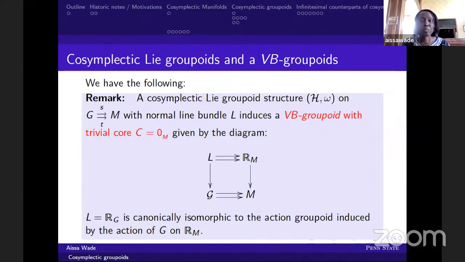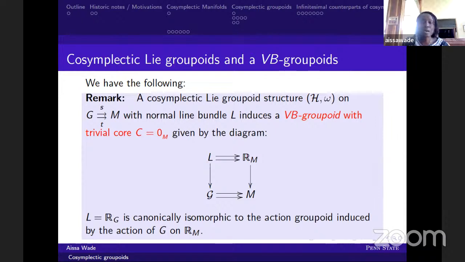Okay, now the relationship with VB algebroid. If I have a cosymplectic groupoid, and I call the normal line bundle L, then we have a VB groupoid. But the core of this VB groupoid is just trivial.